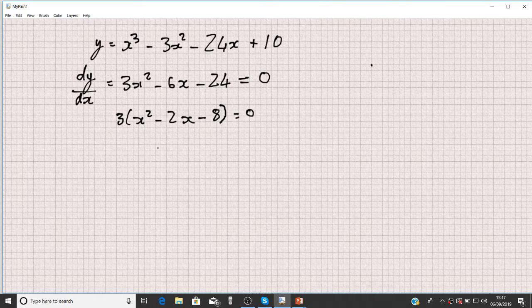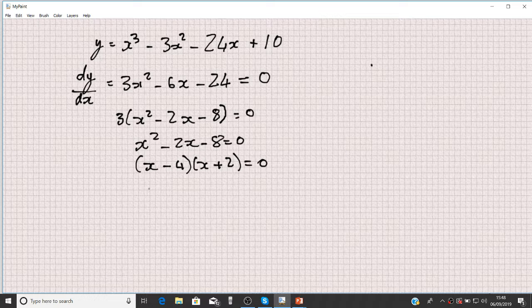So we know 3 isn't 0, so we were able to say that x squared minus 2x minus 8 equals 0. So we have factors 2 and 4: (x minus 4)(x plus 2) equals 0. So our solutions for x are x equals 4 or x equals minus 2.